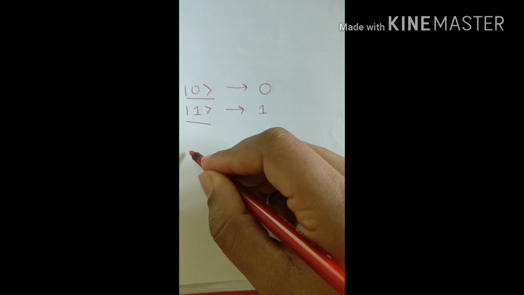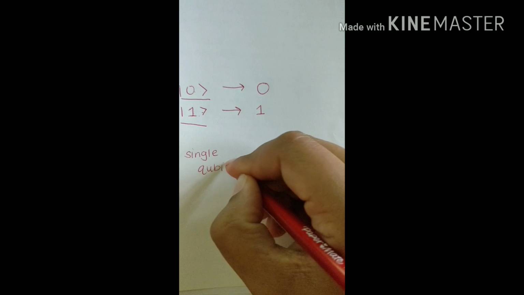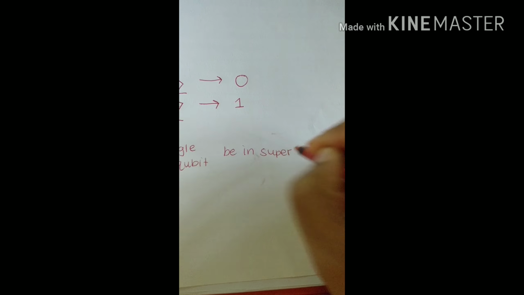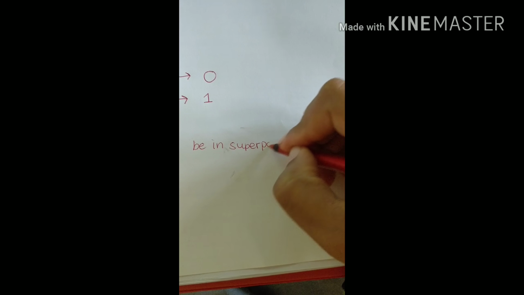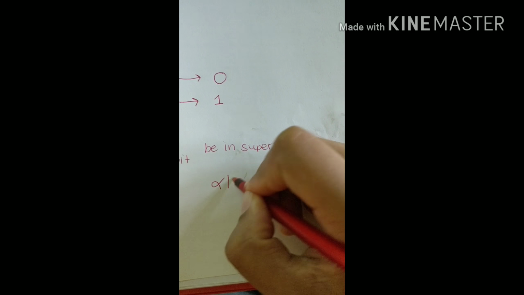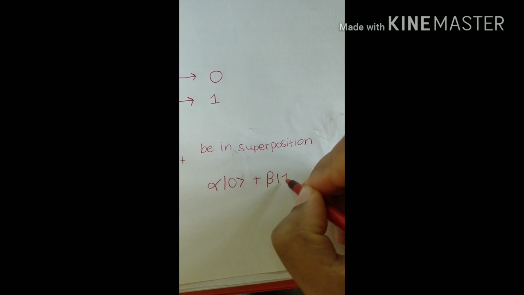But quantum computing has this cool feature called superposition, and it lets your single qubit be in superposition. You have a linear combination for the state of a single qubit, so it's somehow in both of these states at the same time.